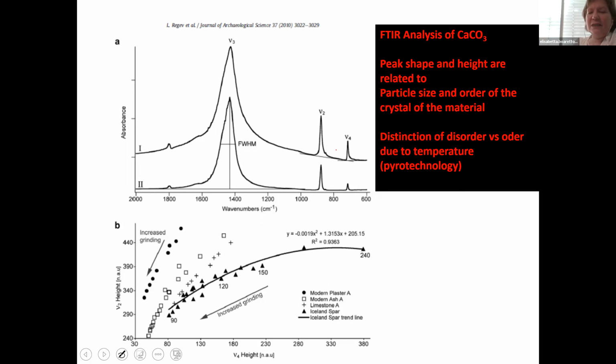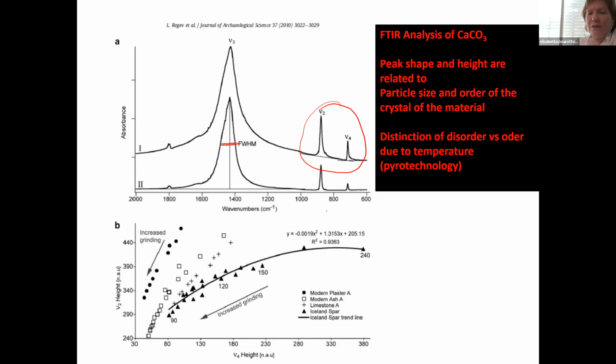And this is done with what we call the grinding curve, that uses the height of these two peaks, which are related to the calcium carbonate, and the width of the major peak for the calcium carbonate.